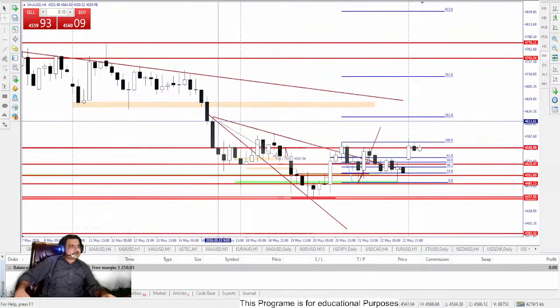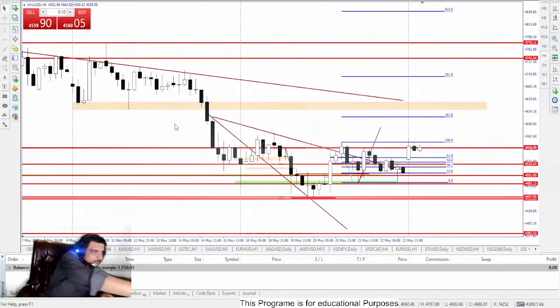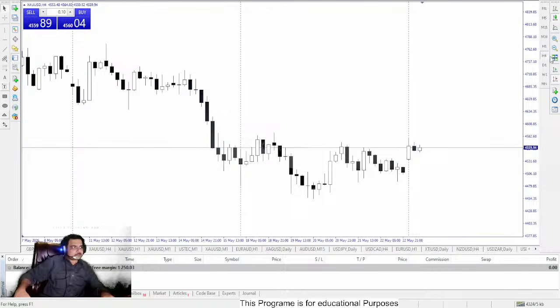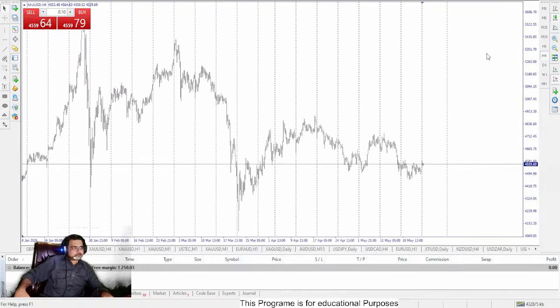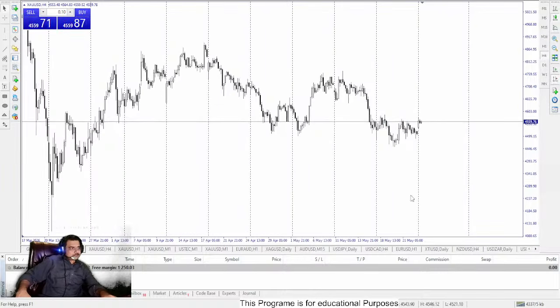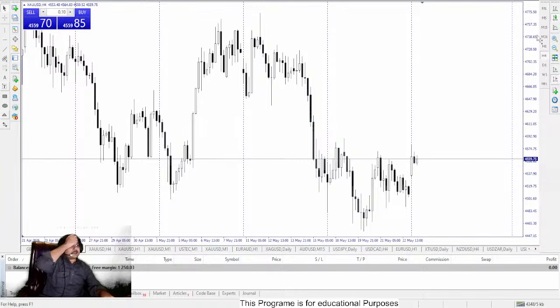This triangle that was coming down finally broke to the top side of the market, and there are, as per this plan, bigger targets, but I'm not touching them for now. So we will see what it can give us further.